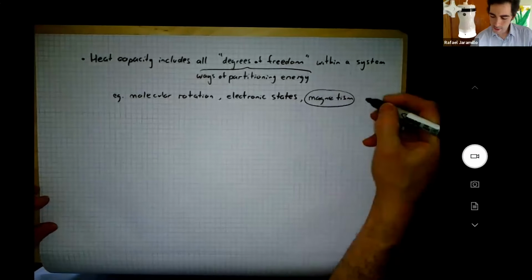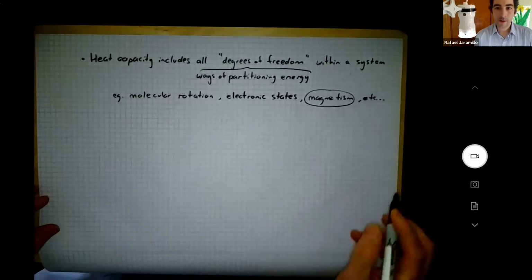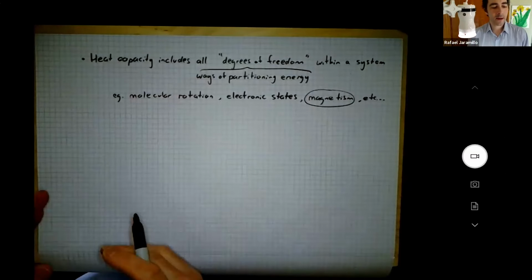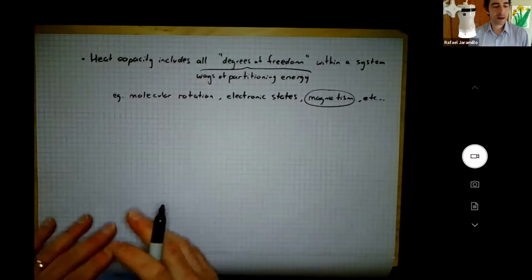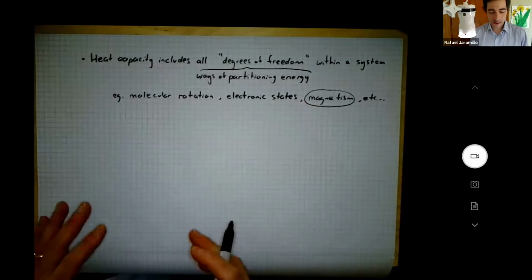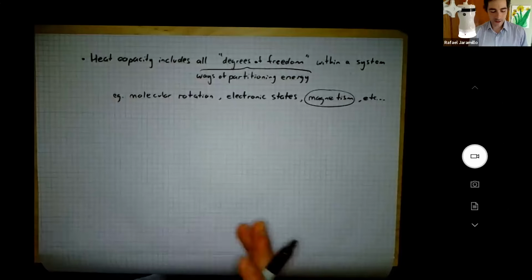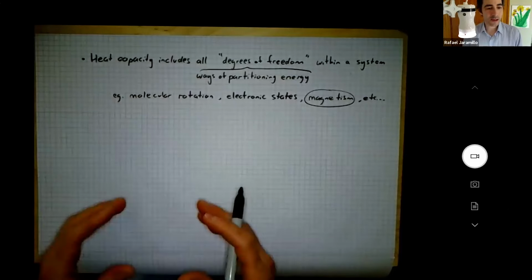There are others. Anything microscopic on the atomic and molecular level that can store energy, that can be energized, that can be excited, it all factors into the heat capacity. It's all in there. Heat capacity is like this amazing thing that contains so much science.